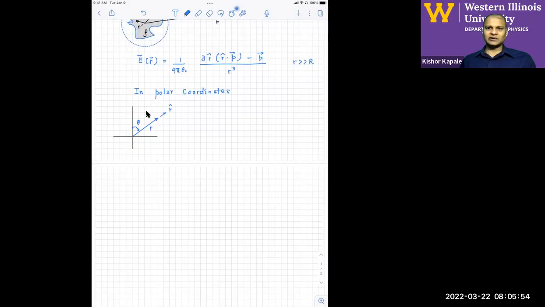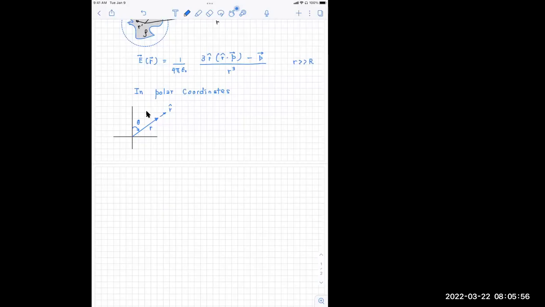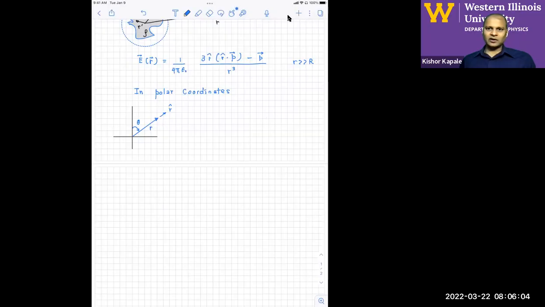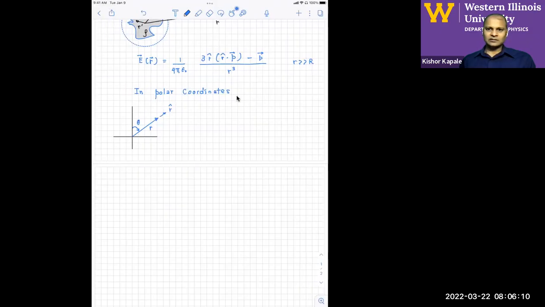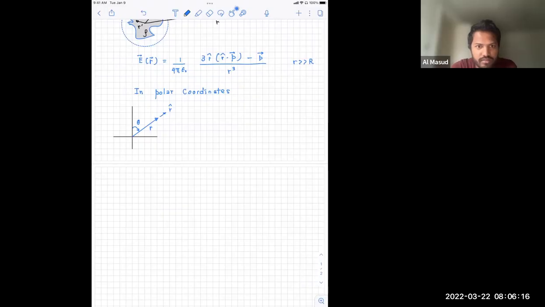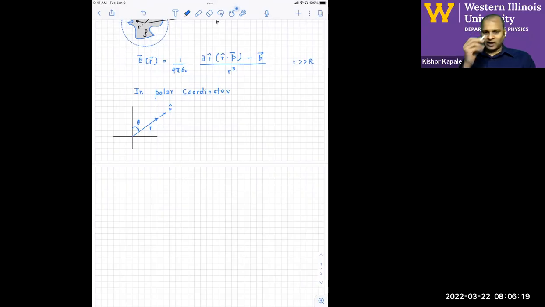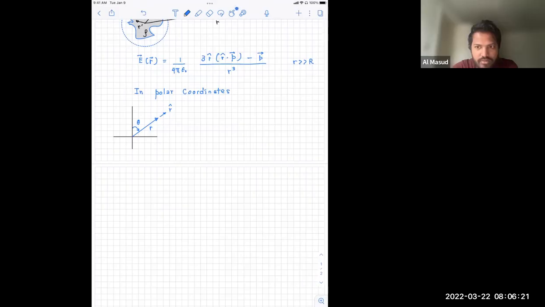Any thoughts anybody wants to share? How should I draw the unit vector for the theta direction? Perpendicular to r. Perpendicular to r, which way should it go, up or should it go down? Down. Down.